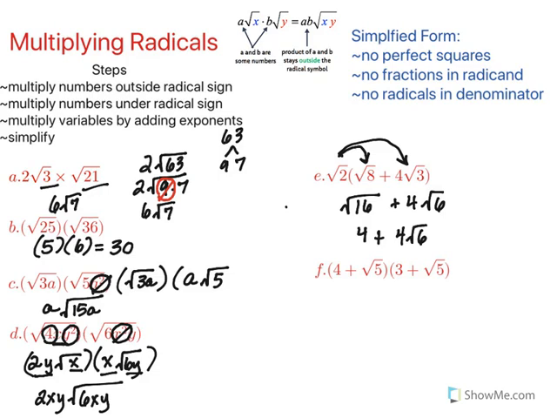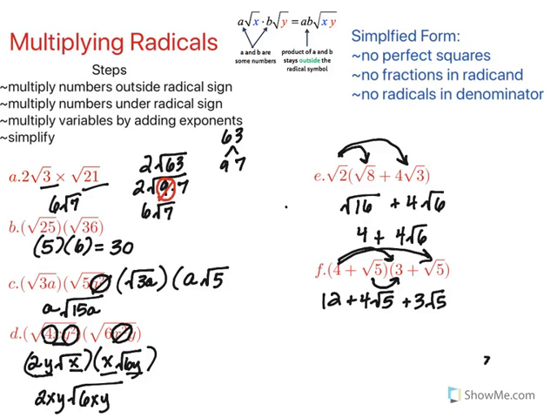If we look at f, we have 4 plus the square root of 5 times 3 plus the square root of 5. Here we would FOIL, so we would do 4 times 3, which would be 12. 4 times the square root of 5, which would be 4 square roots of 5. The square root of 5 times 3, which would be 3 square roots of 5.